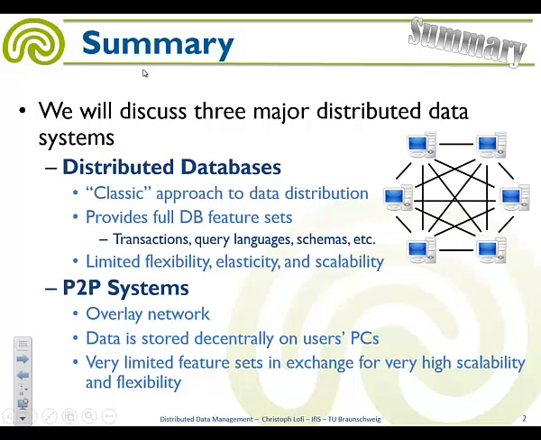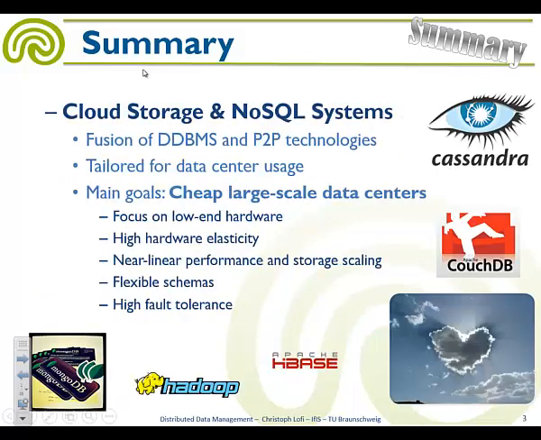After we had a look at distributed databases, which are very traditional and have a lot of features, and peer-to-peer systems which have a very limited feature set, we will then focus on cloud storage and NoSQL databases, which is basically the amalgamation between both.